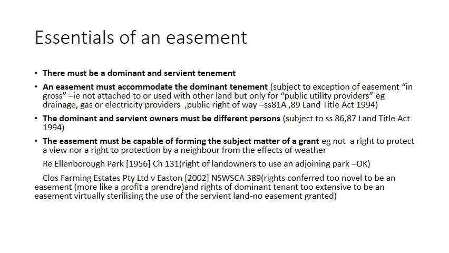So the first element is that you must find a dominant and a servient tenement. And normally the easement is annexed to the land of both those parties in some way. It either passes over them or passes adjacent to them.